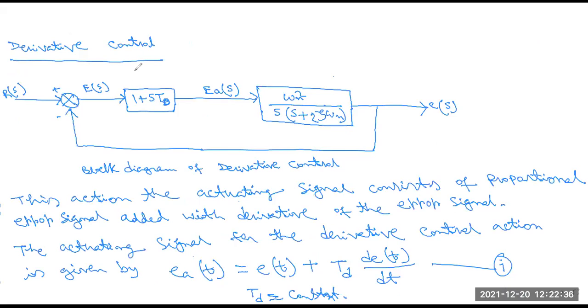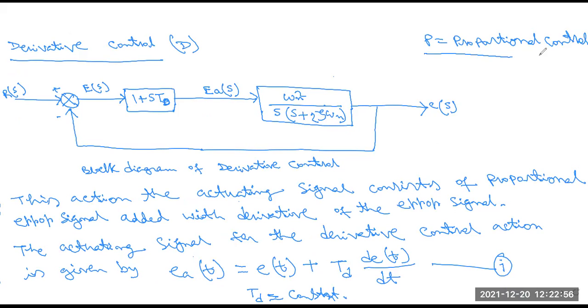Integral control or controller is expressed as capital I, and the derivative controller is D. P is the proportional controller.